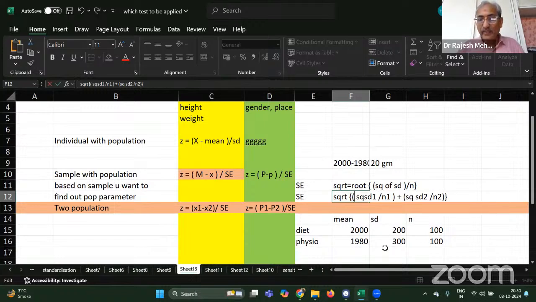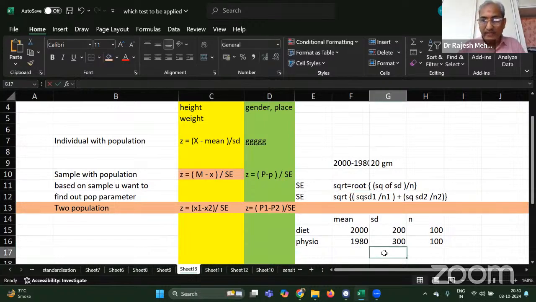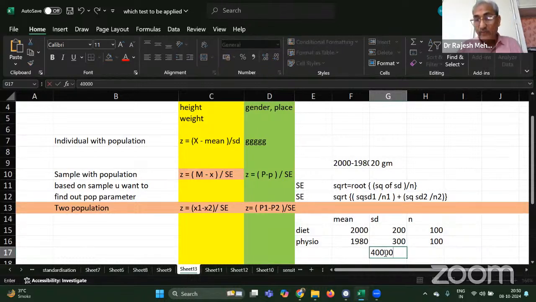Now here the SD1 square, that means 200 squared is 40,000, divided by N1, that is 100. So it will be 400, plus we'll have 300 squared, that is 90,000. 90,000 divided by 100, that is 900.